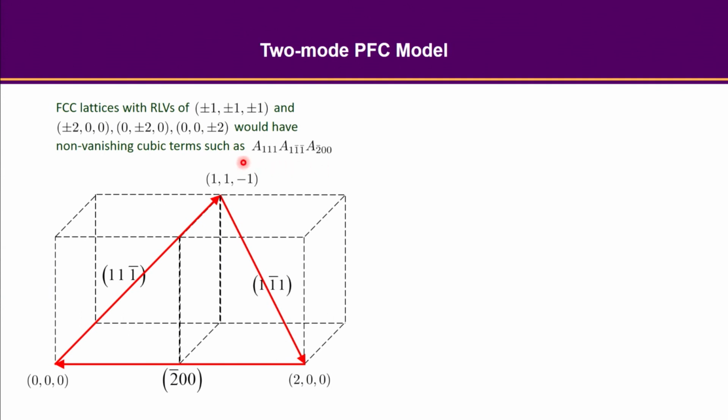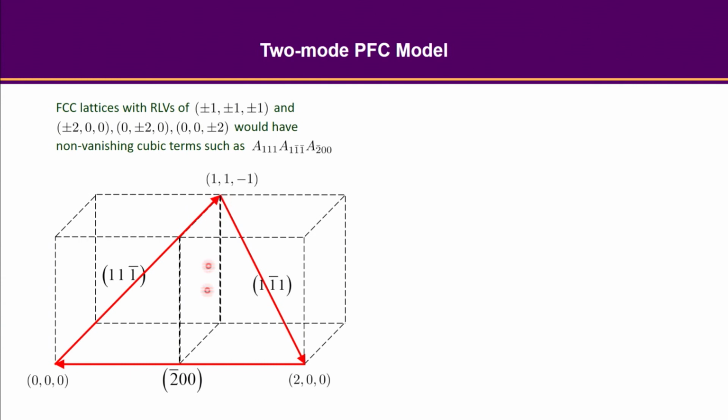Just by doing so, and actually by doing this exercise, you notice a lot of combinations can give you that. So here's one example. If I start from the origin, I first go 1, 1, minus 1, then 1, 1, 1 bar, right? So I end up with this location.